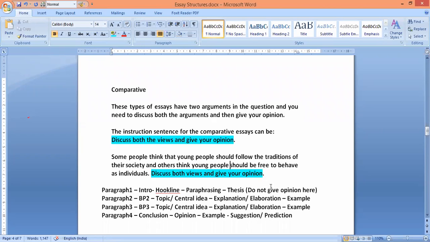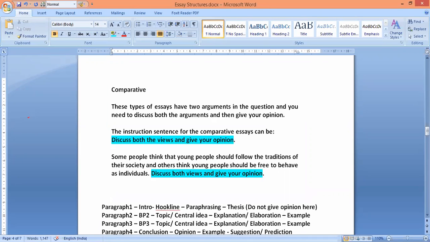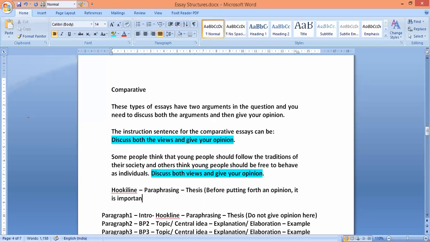Now in my thesis, I'll do the same thing: hook line, paraphrasing. Then I can write: before giving an opinion, it is important to discuss both the aspects of this argument.